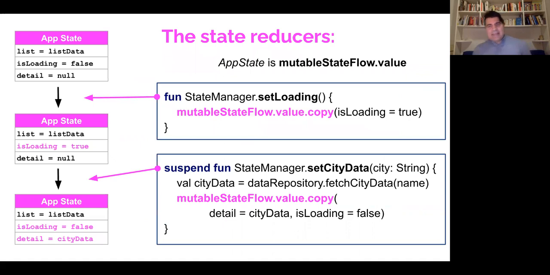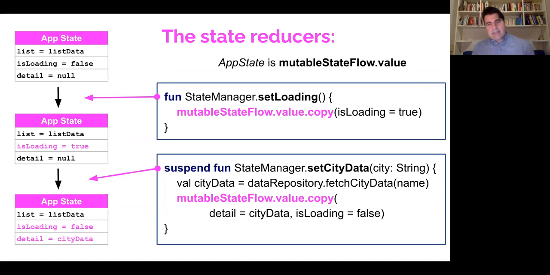So if you see in detail these state reducers that we have been talking about, the set loading state reducer is just taking the mutable state flow dot value, which is the existing app value that we see on top. And we are using this Kotlin function, which is called copy, which is basically duplicating the same app state with some modification. So in our case, we are just changing one property, which is loading.